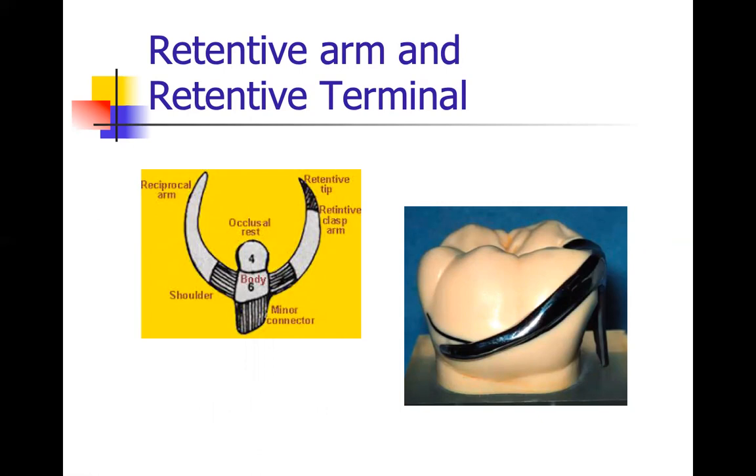The retentive clasp arm is not flexible and is located above the height of contour, whereas the retentive terminal, this one, is flexible and located below the height of contour. The function of the retentive terminal is to resist displacement and thus maintain the prosthesis in its proper position.